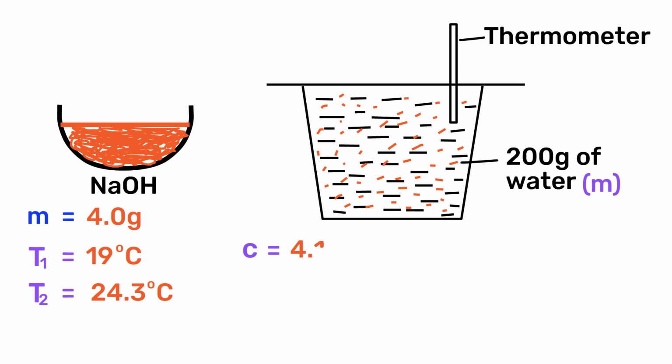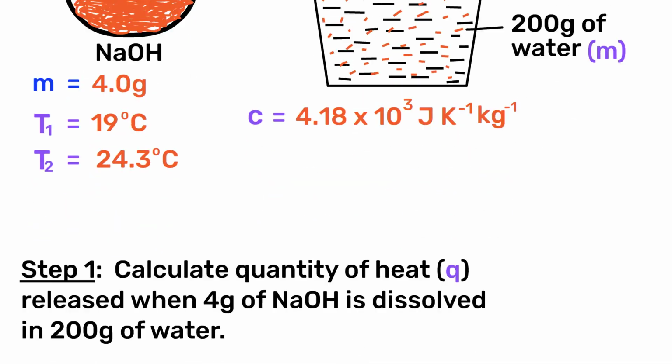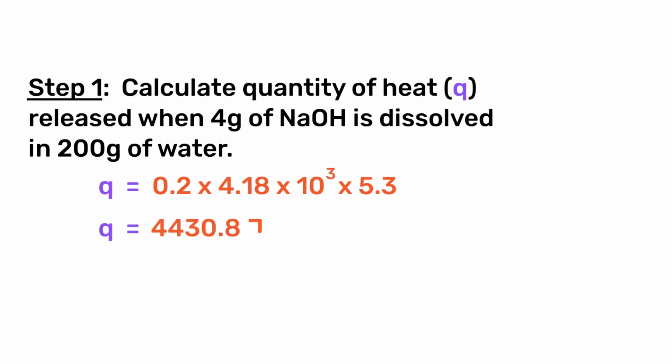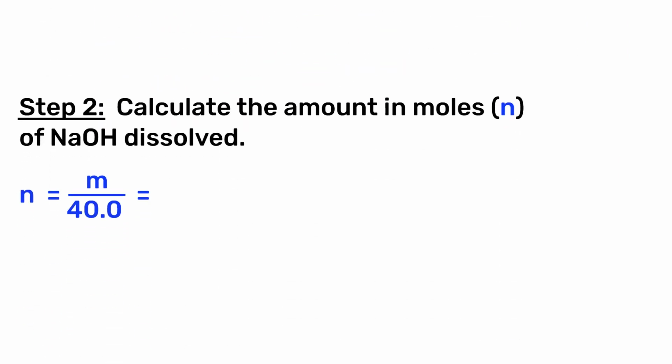Note that the specific heat is given in kilograms. Therefore, it's important that the mass of water should be also converted into kilograms, and put in the values of mass, C, and delta T and calculate Q. The next thing you would do is calculate the amount in moles of sodium hydroxide that was dissolved in water and divide the mass by molar mass, and you would get 0.1 moles.